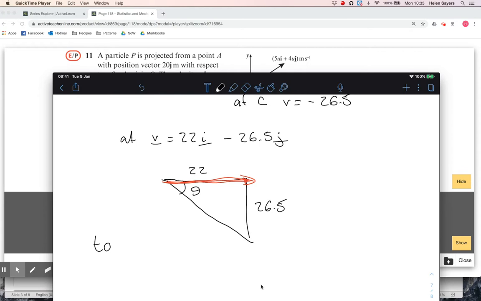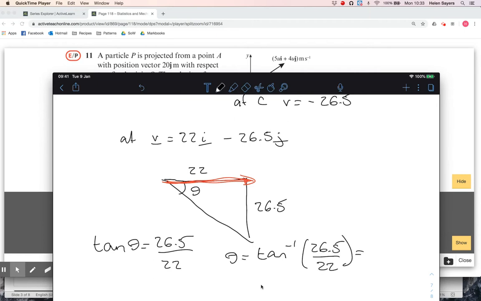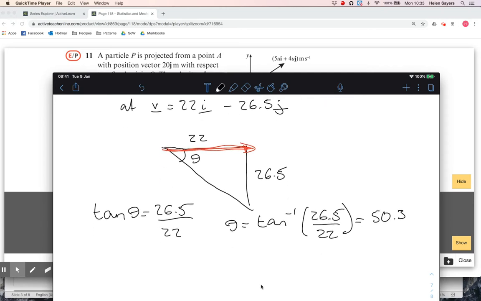I've got opposite and adjacent, so tan theta is opposite over adjacent. So theta is arctan of 26.5 over 22, which is 50.3, and it's 50.3 degrees below.